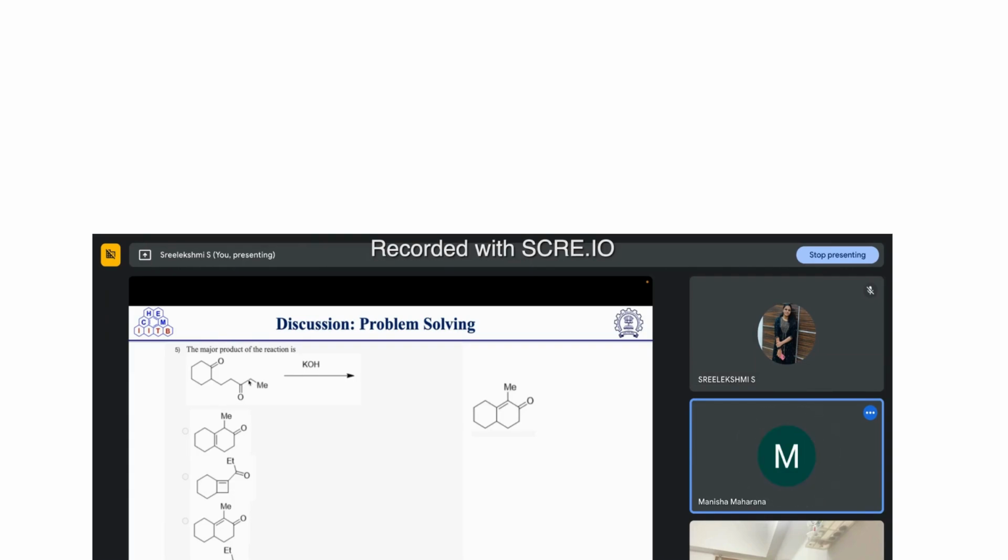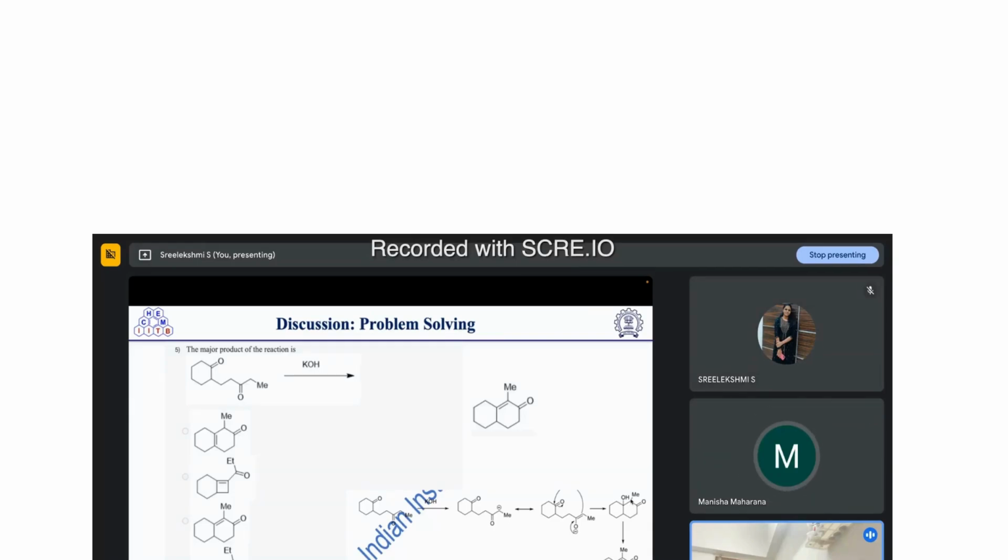So whatever your approach is correct, first proton abstraction is taking place from here rather than here, because a six-membered ring will be favored over a four-membered ring. So then what is happening is that the phenolate will be forming, and this bond will attack over this carbonyl center. This will be forming. So then which double bond will be formed?